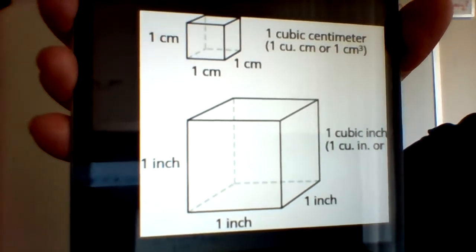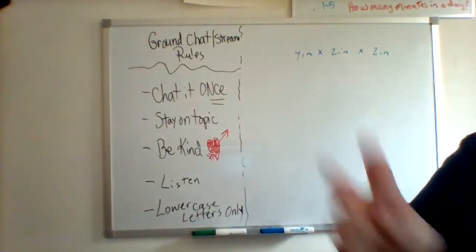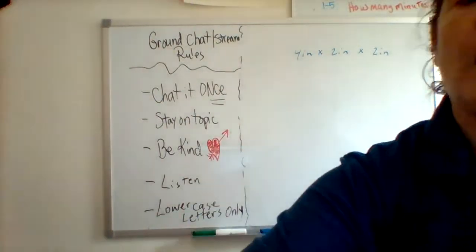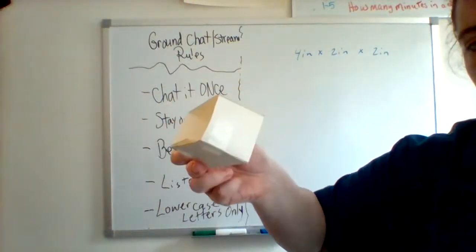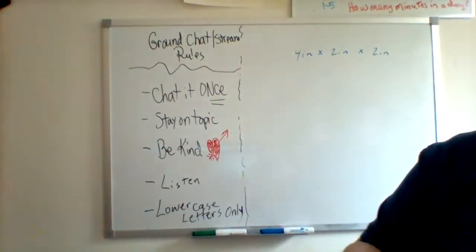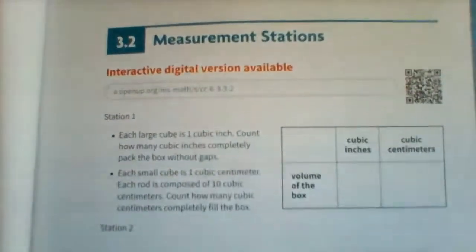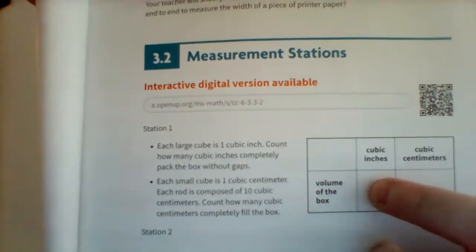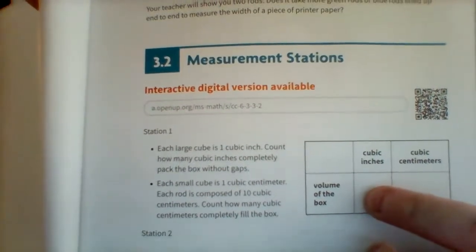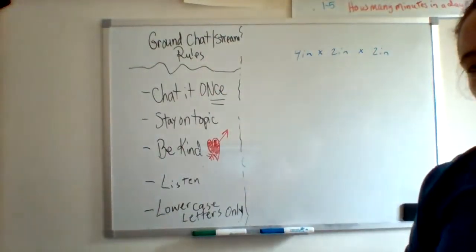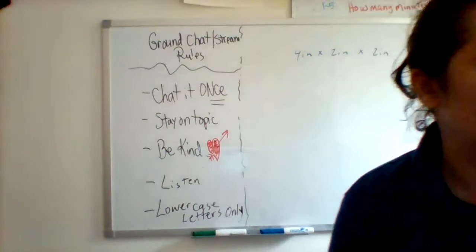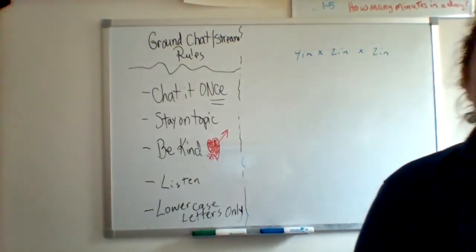Those are the two objects that you are supposed to be filling inside of the paper box. And you simply, in the chart, put how many of the cubic inch ones you put in the box and how many cubic centimeters will fill the box. You just have to tell me how many. Okay, and that's station 1.